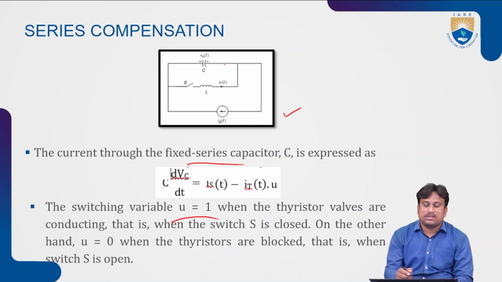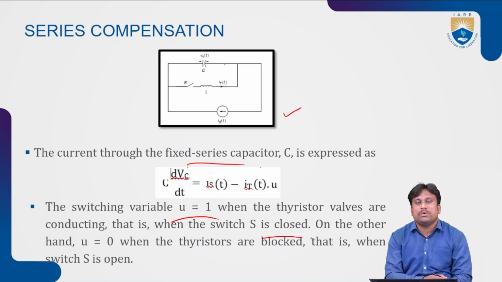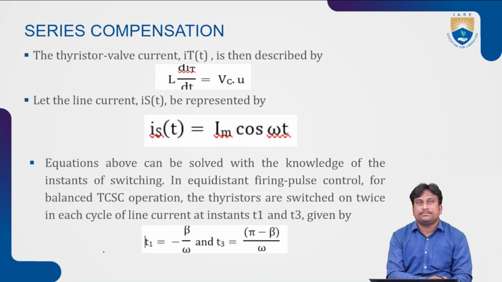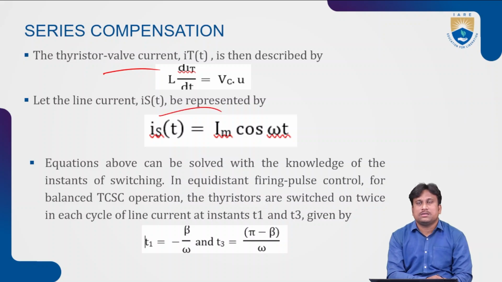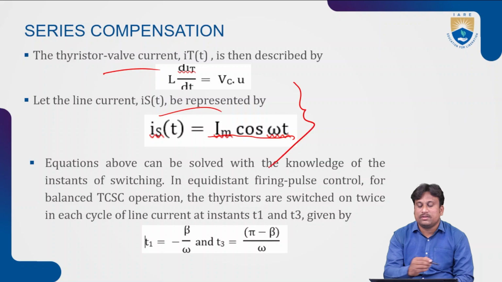When the switch is closed, on the other hand, U becomes 0 when the thyristors are blocked, that is, when the switch is open. The thyristor valve current is then described by L di by dt equals Vc into U. The line current is represented by Is of t equals I cos omega t. Here the equations are to be solved with knowledge of the instants of switching.